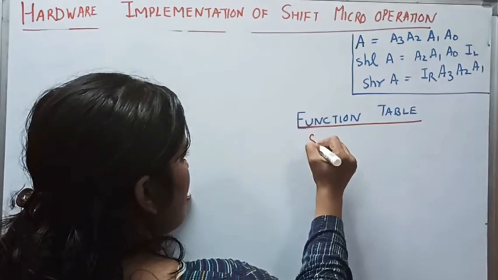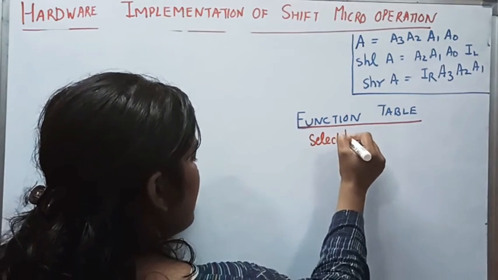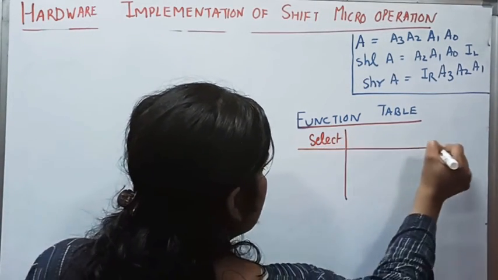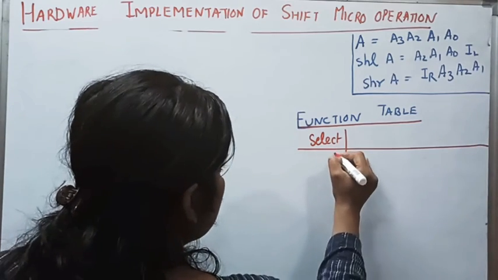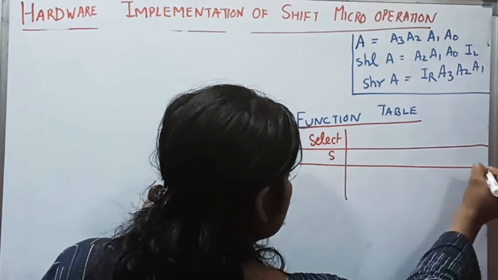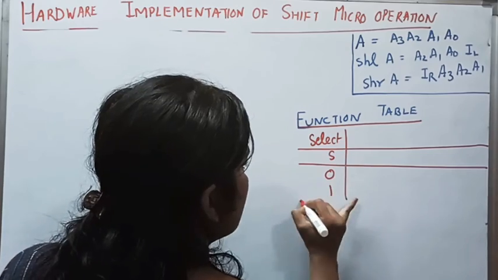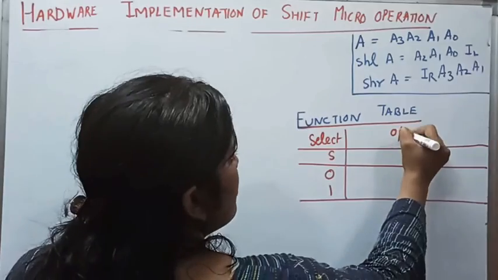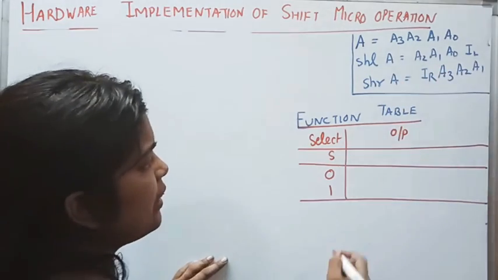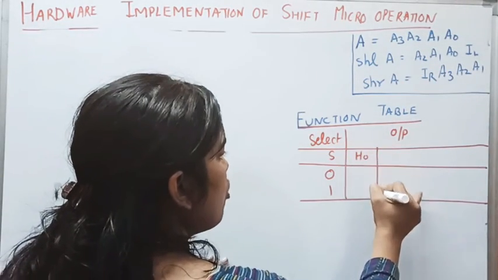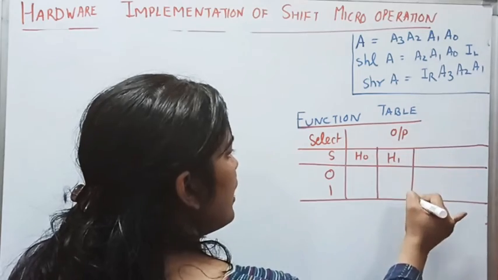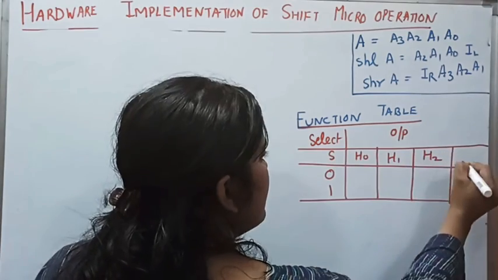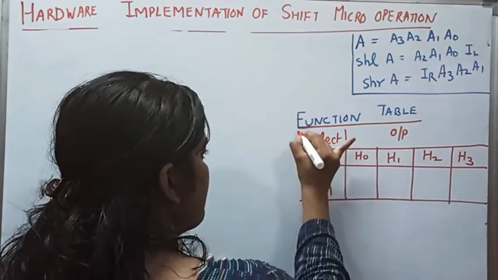The function table has a selection line S, 0 and 1. Now the output will be, because I am taking a 4-bit number, 4 outputs: H0, H1, H2 and H3.